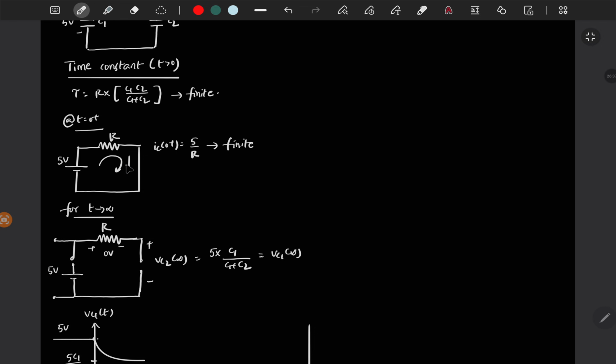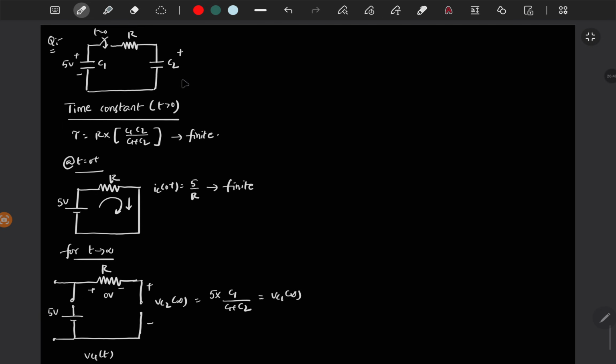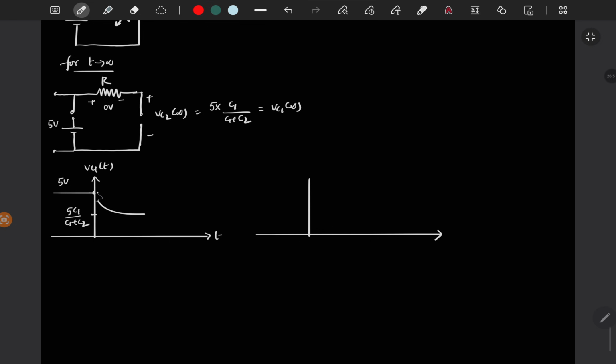And it is flowing in this direction, right? Which means the capacitor C2 will charge in this direction, and the current is coming out of the capacitor C1. It means the capacitor C1 is discharging. So that is what you have got exactly. So it is at 5 volt and this starts discharging, and C2 is at 0 volt and it starts charging, and both will go to the same final value. So this is also 5 C1 by C1 plus C2. That is how this circuit will work.